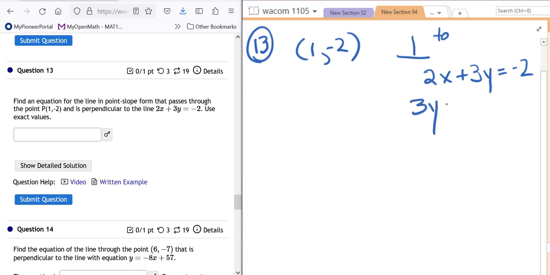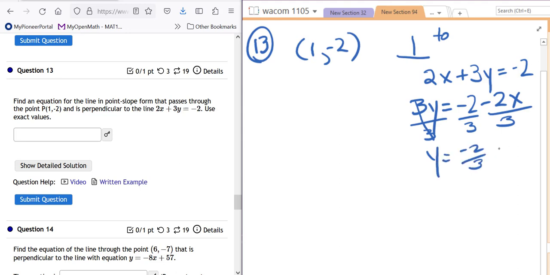So I have 3y equals, and when it moves, it's a -2x. -2 minus 2x. We'll divide everything by 3. So y equals -2/3 minus 2/3 x. Okay, and so the slope of that line is -2/3.